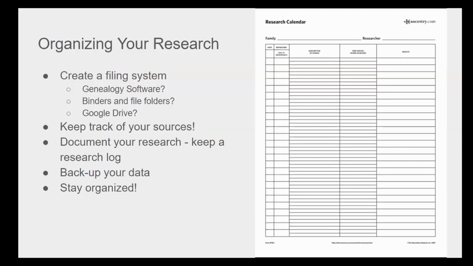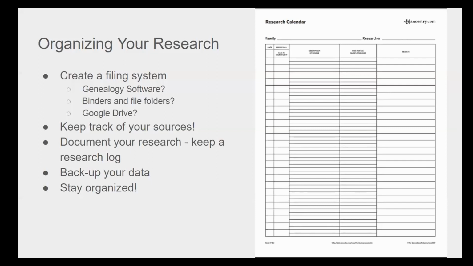Another option would be to leverage tools like Google Drive to upload records and then create distinct folders for each generational branch. So we won't get too much into organizing your research today, but feel free to experiment as you begin and find the method that works best for you.